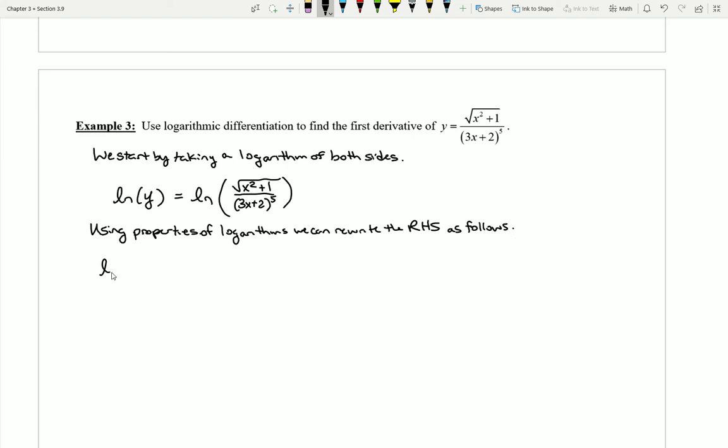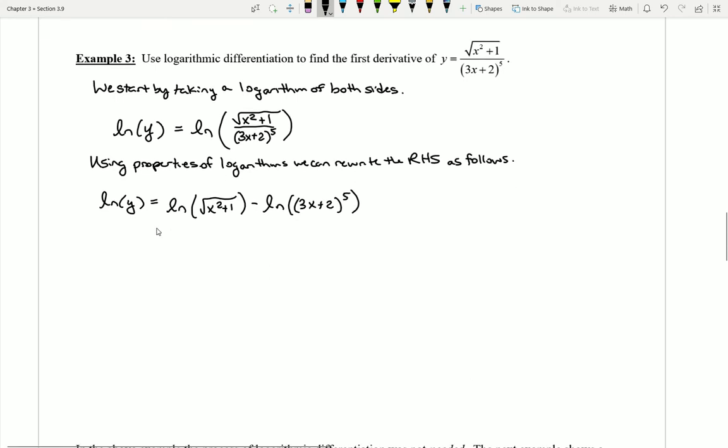Okay, so let's see. One thing that I might notice right away is that I have a logarithm of two things being divided. So I could rewrite this as a natural log of the numerator minus the natural log of the denominator. Okay, so that's a good start.